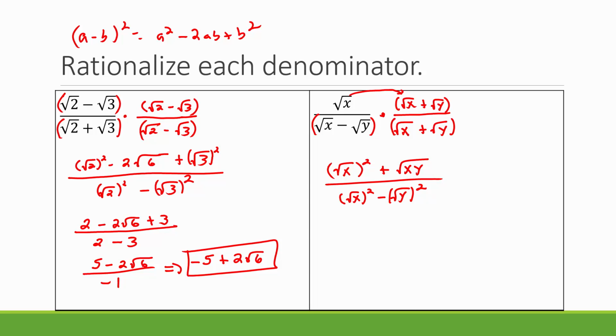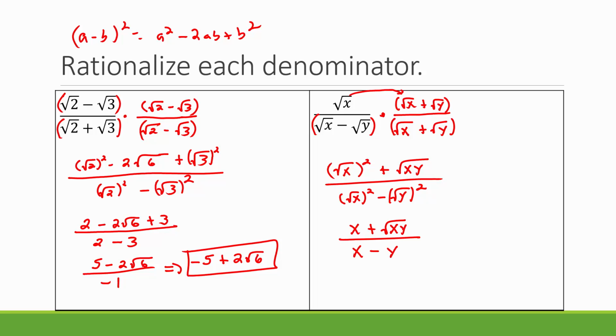Okay, so in our numerator, the square root of x squared, remember the square root and the exponent squared will just cancel each other out, so that will just give us x plus the square root of xy. In our denominator, the square root and the square cancels out, so that gives us x. Same thing with the y, so x minus y.